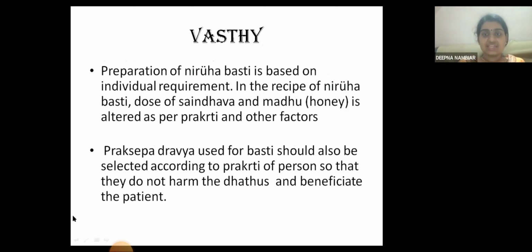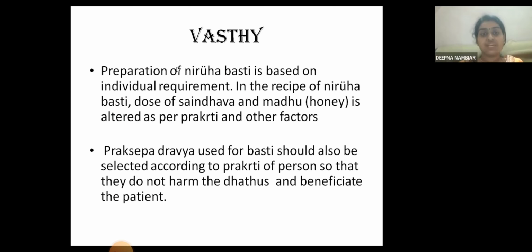Moving on to the Vasti, as we all know, in the Vasti we have to test each and every factor, because each and every ingredient of the Vasti also has a role with the Prakriti. In the preparation of Vasti, the dosage, the amount of each drug, that is honey, oil, etc., when we are adding it, we have to consider the Prakriti of the patient also.